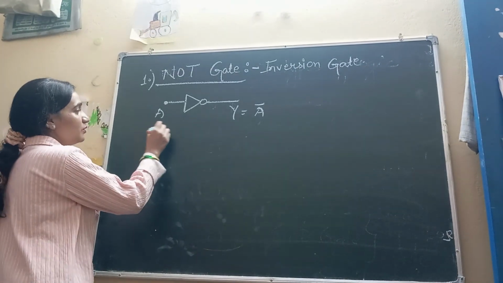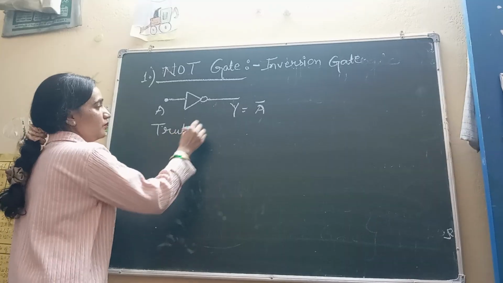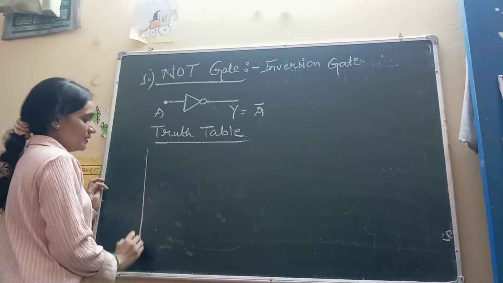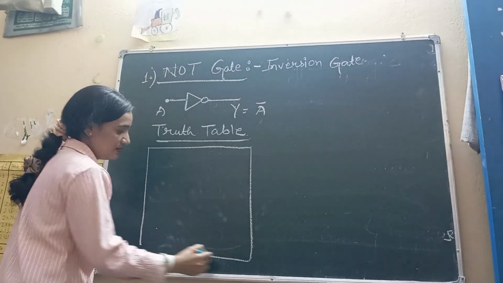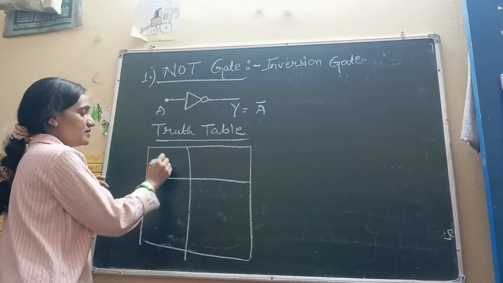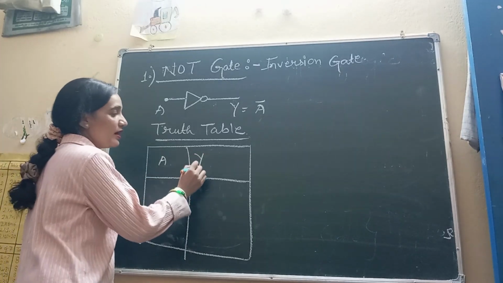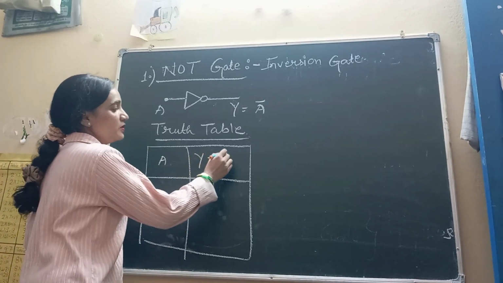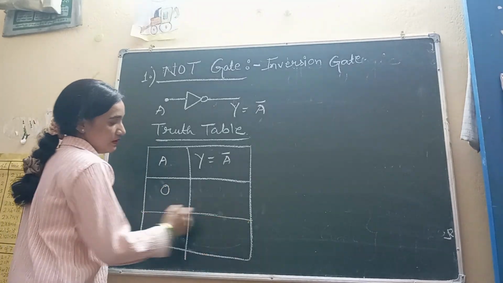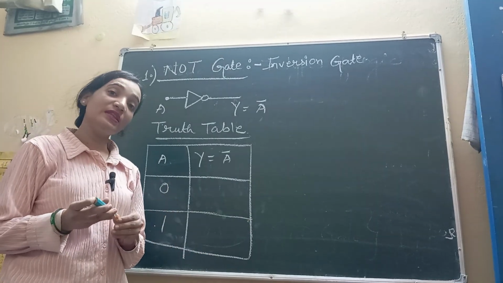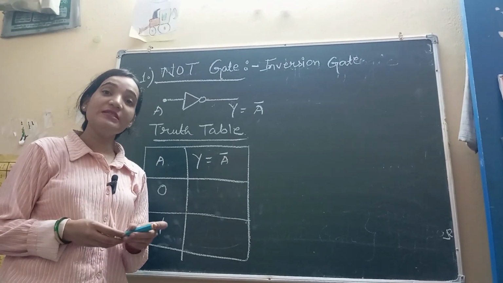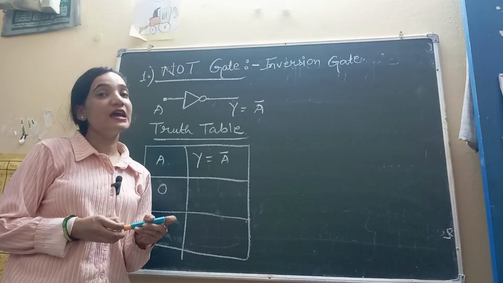Now come to the truth table. This is A, and Y is the output, given as A bar. 0 means low, when the voltage supply is low. 1 means the voltage supply is high.